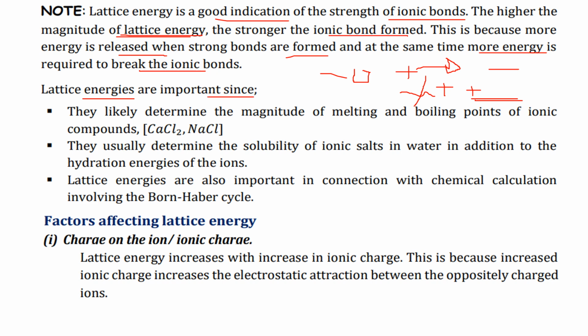One, they help us determine the magnitude of melting and boiling points of any ionic electrolyte or ionic compound. Like we said, the more negative that energy is, the more energy is required to break such bonds. And therefore, since melting and boiling points are explained in that way, lattice energies can easily help us determine the extent of the melting and boiling points of specific compounds.